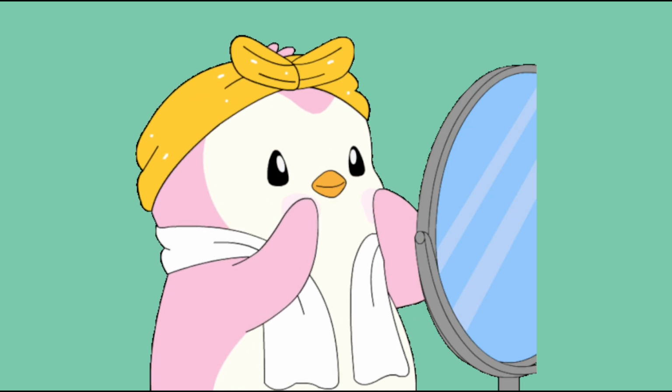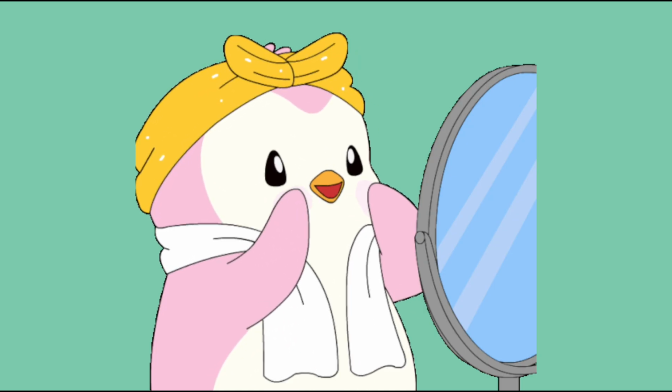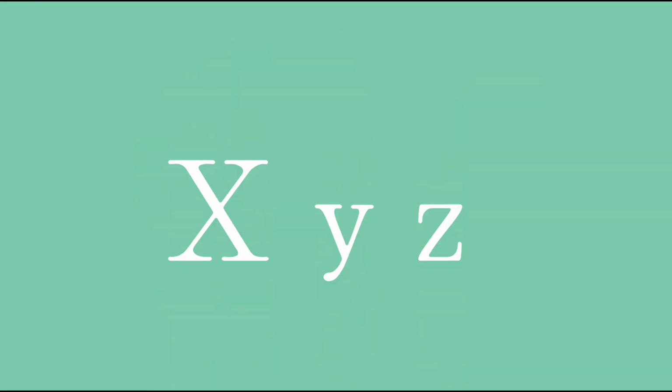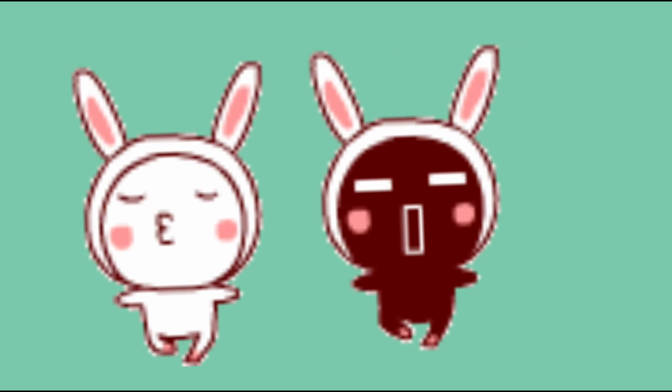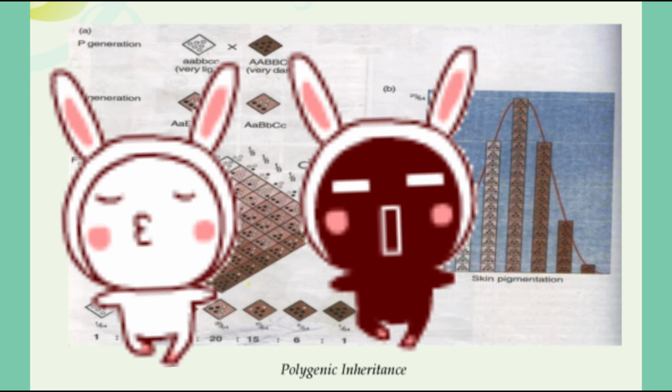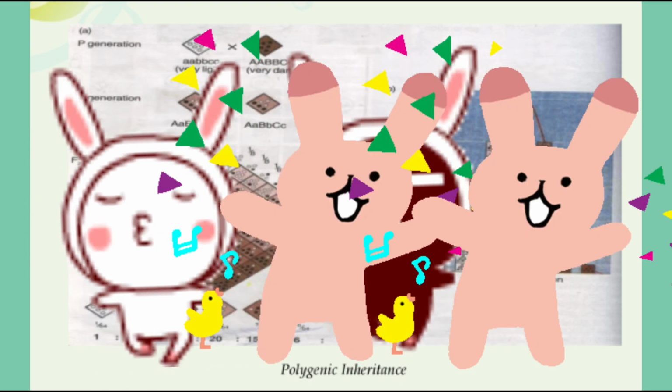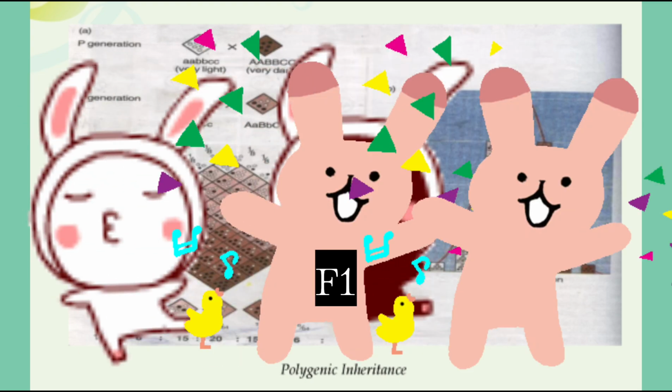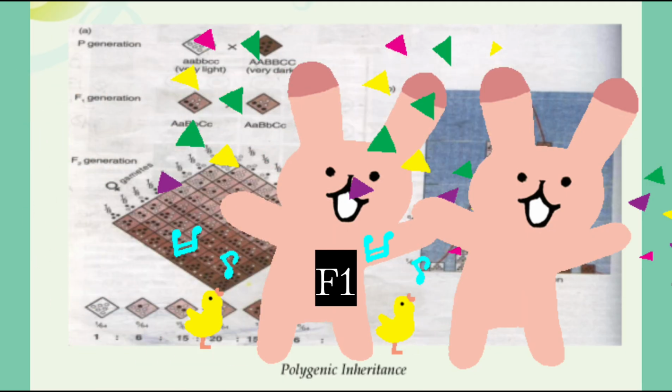There are no contrasting phenotypes for the trait. Let us assume that this trait is controlled by three genes, X, Y, and Z. In this cross, there is a mating between a dark skin and a fair skin human being, and the intermediate skin color individual obtained from the cross is F1, and the F1 is mated to obtain the F2 progeny.